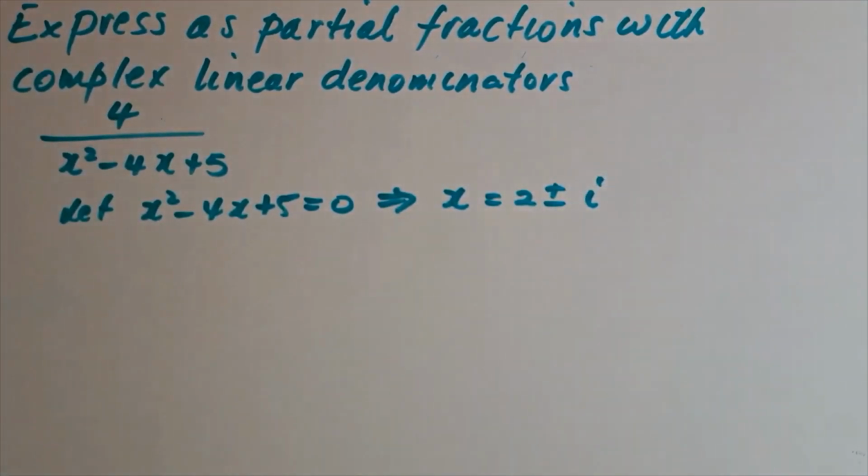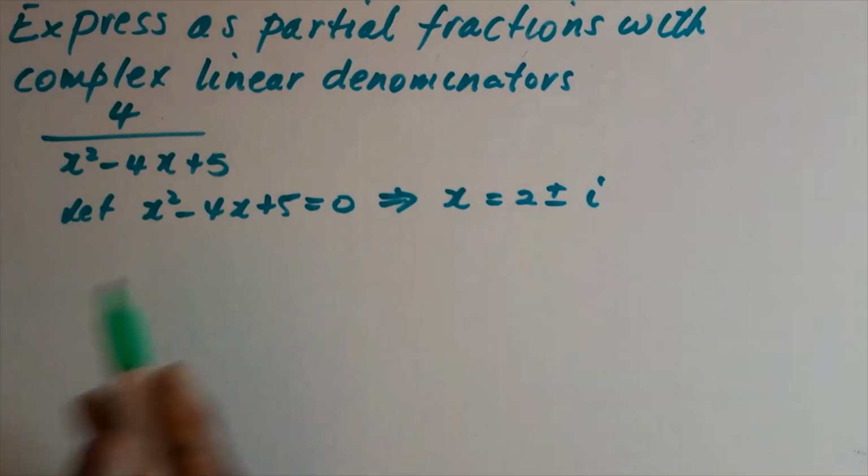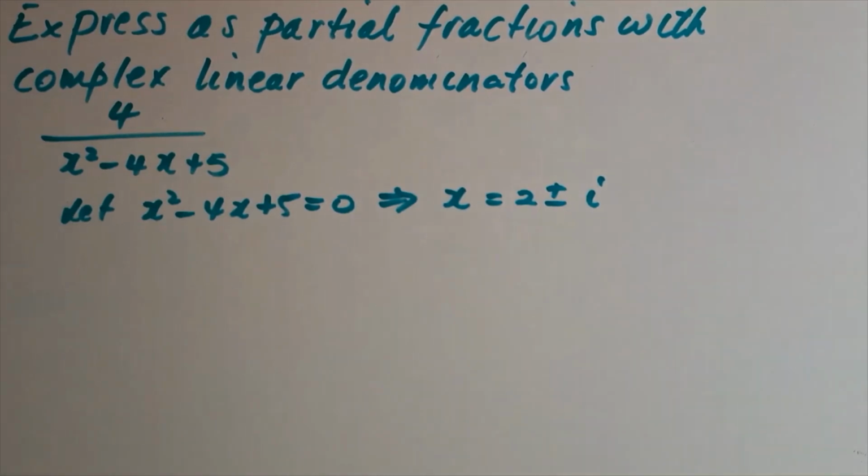Checking my previous videos, I've actually covered partial fractions for real numbers, and also just yesterday I've covered how to solve quadratic equations such as this one, where b squared minus 4ac is less than 0 or negative.